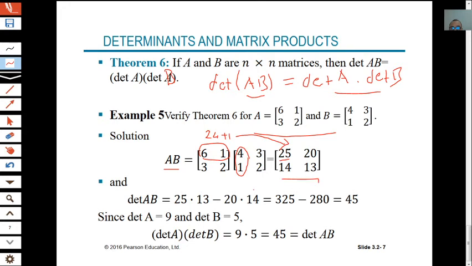You can find the rest yourselves, and the determinant of the product will be 25 times 13 minus 20 times 14, which becomes 45. And separately, the determinant of A is 9, as you can see. 12 minus 3 becomes 9, and for the second one, 8 minus 3 is 5, and the product of them is 45, as you can see.